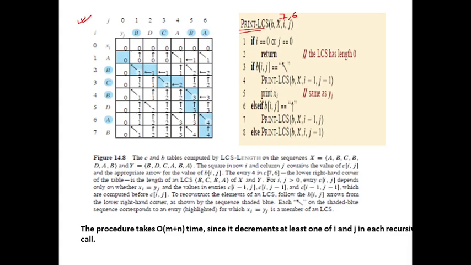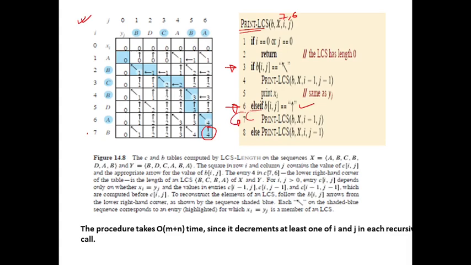So B[i][j] initially is 7, 6, right, students? It will go to 7, 6. Is it a diagonal arrow, students? No, it is an upward arrow. So if it is not the case, it won't enter line number 3. It will come directly to line number 6. Line number 6 says that if 7, 6 is the upward arrow, which is true, then here is the recursive call, line number 7.